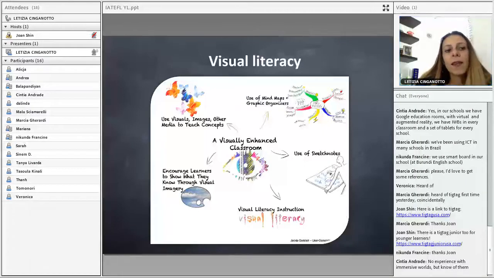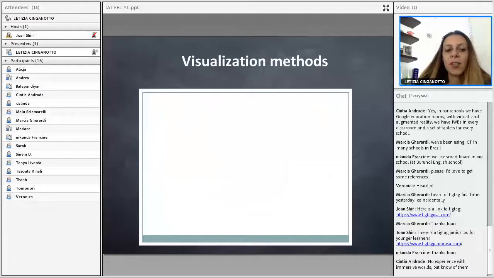In this way, you can help them really master this knowledge and so reach deep learning.